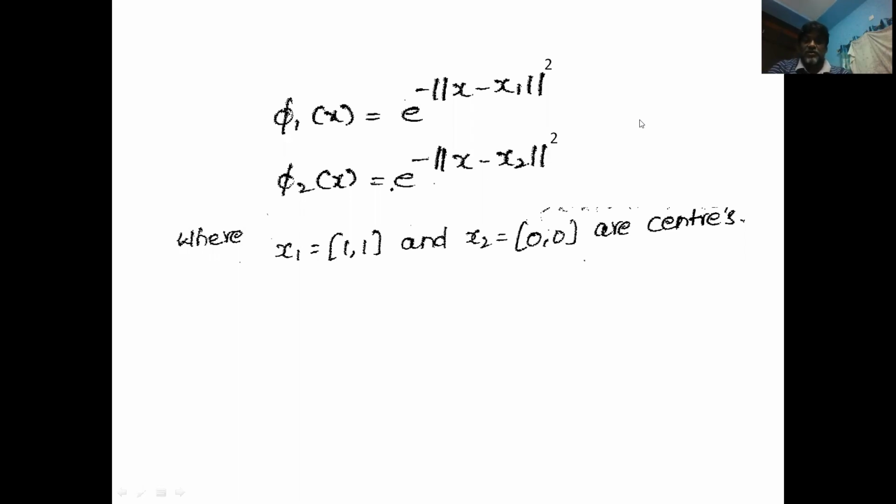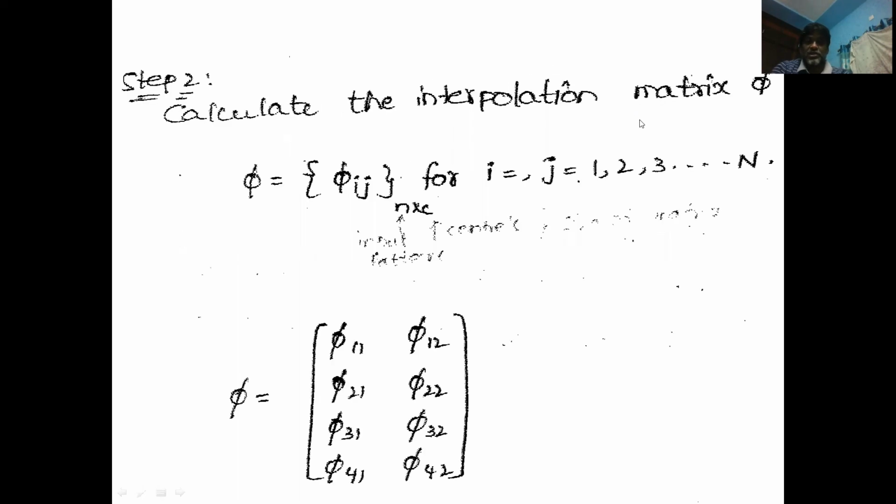Now in our next step, we will calculate the interpolation matrix. The interpolation matrix will be used for converting our input space into hidden space. We know what an interpolation matrix is. I explained this in the previous class, so please go through that video if you are not aware of what an interpolation matrix is, or else you can simply see this formula.